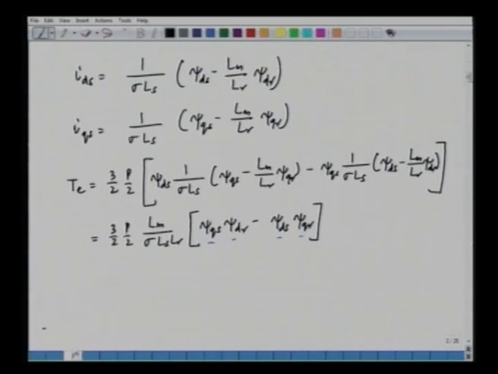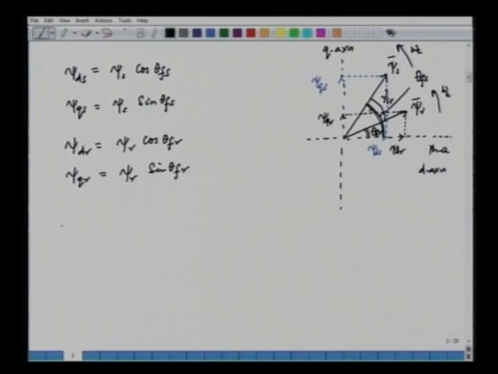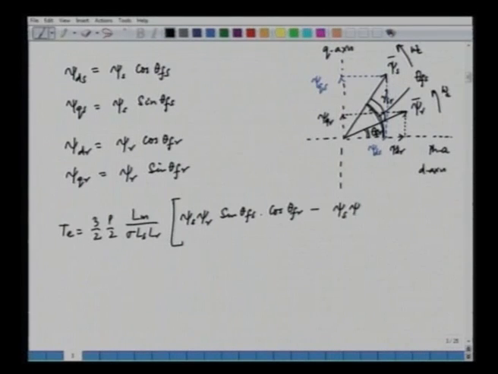So, we can take the equation for the torque, Te equal to 3 by 2 P by 2 Lm by sigma Ls Lr, and write this torque expression as psi s psi r into sine of theta fs into cos of theta fr minus psi s psi r into cos of theta fs into sine of theta fr, and we will take psi s psi r common.